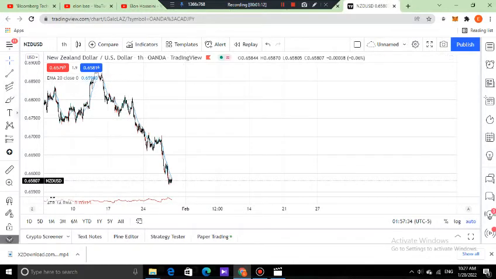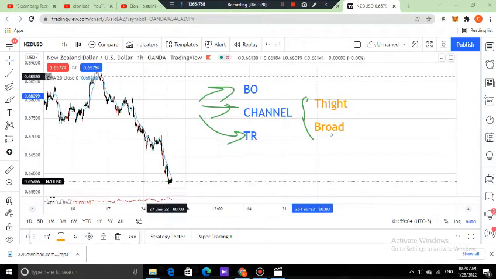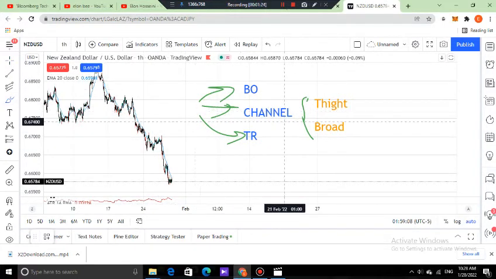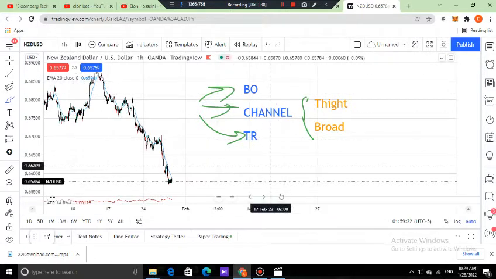Let me write this down. We have breakout or channel or trading range. These three phases of market, we have them, but this channel itself could be either a tight channel or a broad channel, and we have different approaches toward each of these.